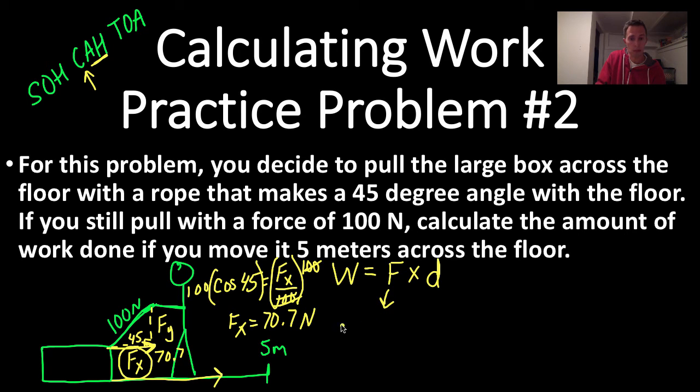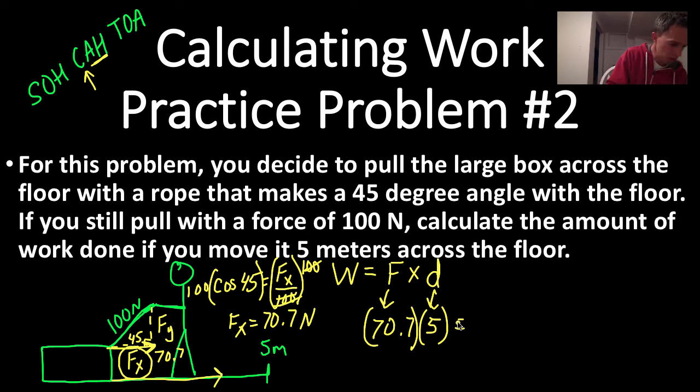And so the force that we're going to put in this formula is 70.7 newtons. And we're still pulling it for a total distance of 5 meters. And so we're going to put 5 in there for the distance again. And so if you take 70.7 and times it by 5, I get 353.6.